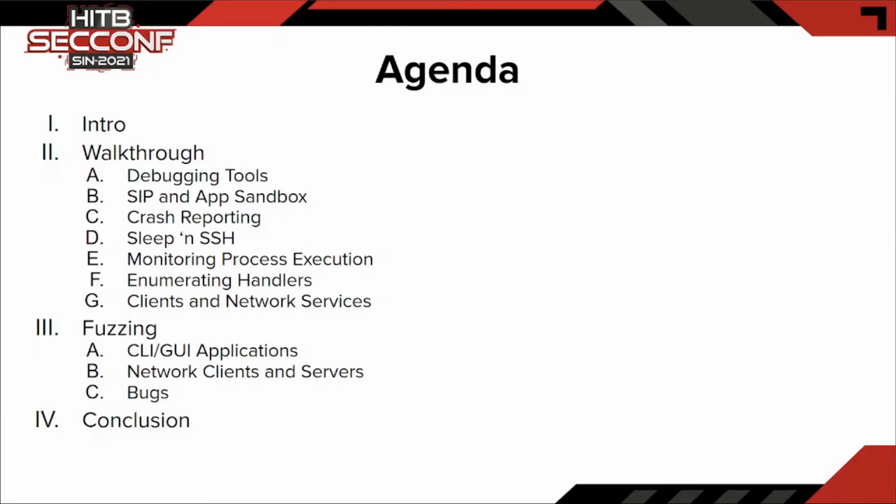And then we'll get into the fuzzing: fuzzing command line apps, fuzzing GUI apps, fuzzing network clients, the servers, and some of the bugs from that, and then wrap up with a conclusion.